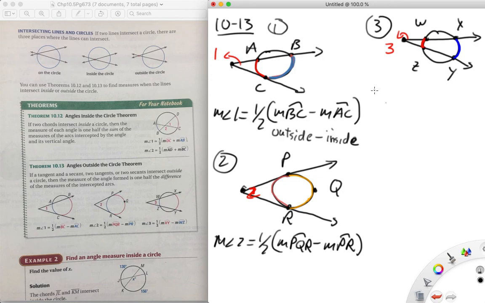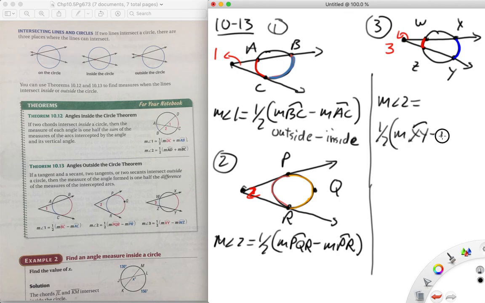So if I wanted to find the measure of angle 3, that is going to equal half the difference of the measure of XY minus the measure of WZ, because I can't read sometimes. The outside minus the inside.